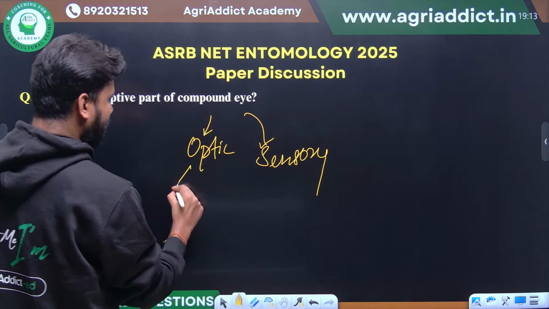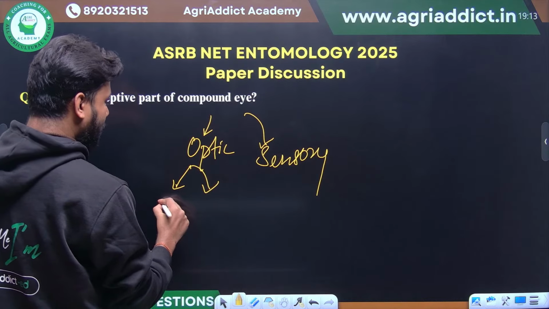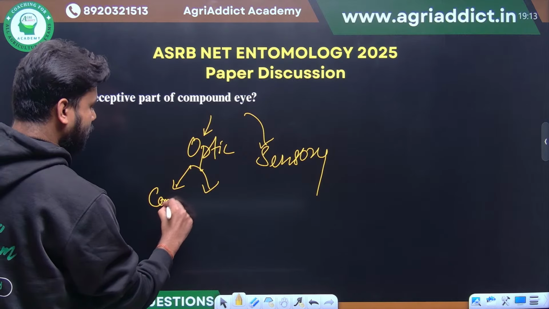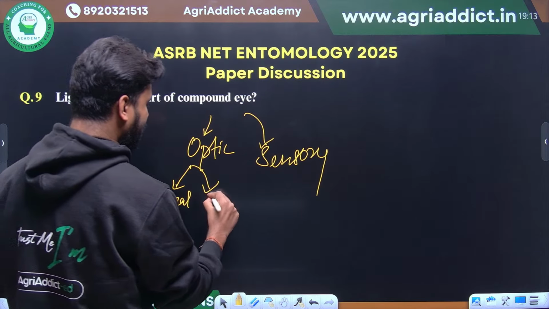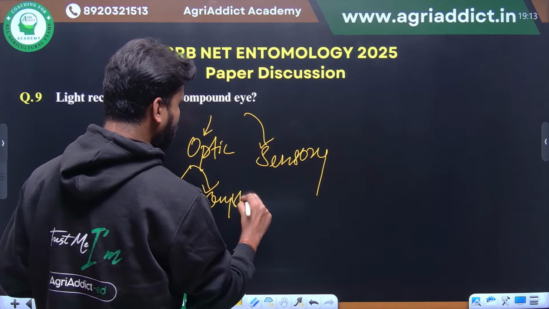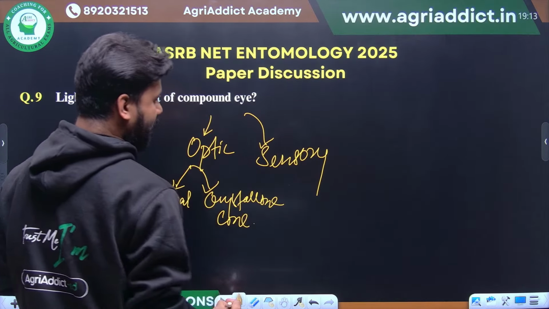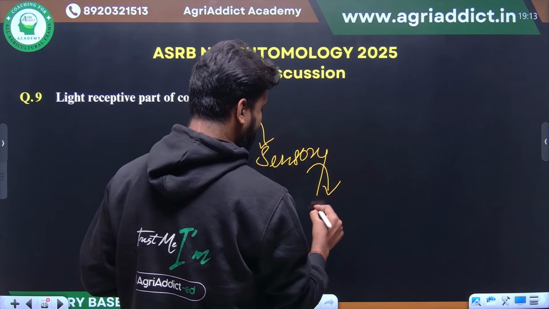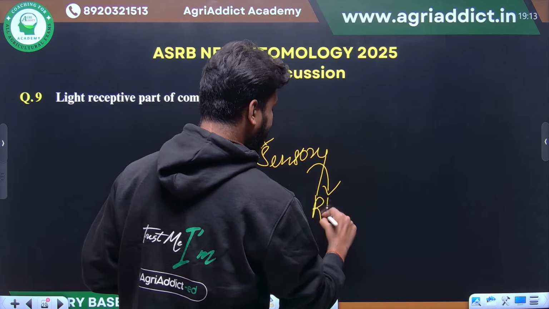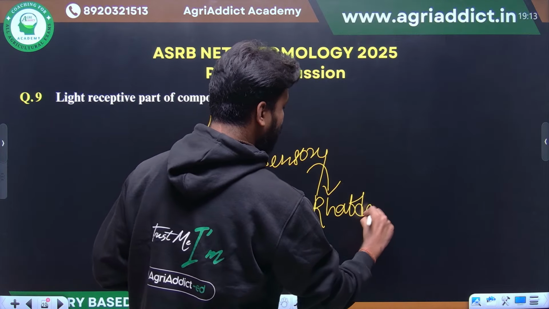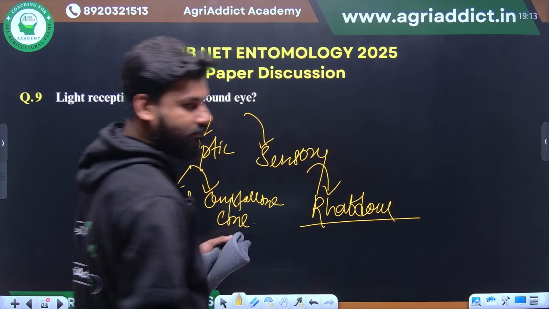In the optic part, there are cornea and crystalline cone. And in the sensory part, there is the rhabdom. So the answer will be rhabdom.